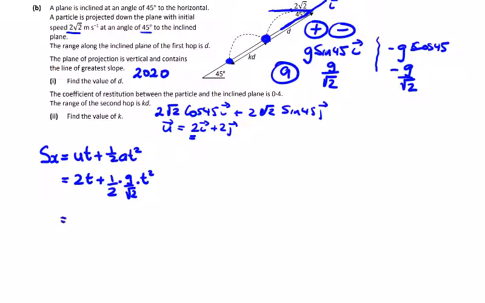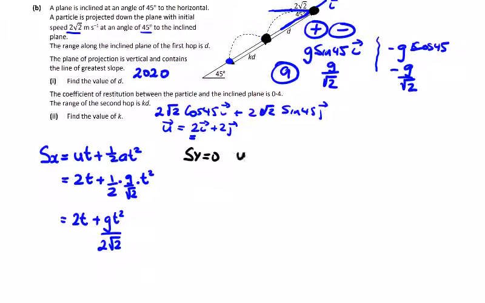So we can just tidy it up a little bit. 2t plus gt squared over 2√2. So that should highlight that we need t. So the displacement in the y direction will be equal to 0 at this point here and at the beginning, these 2 points. So let's find out when that is.